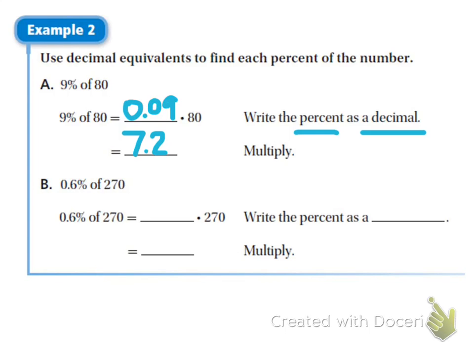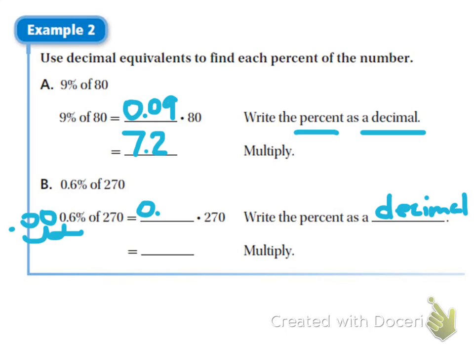Okay, letter B. 0.6% of 270. The same thing. We're just going to multiply, but I first need to write my percent as a decimal. I can never multiply by a percent. I always have to change my percent to a decimal. Now I change 0.6 to a decimal, moving the decimal point 2 places to the left.